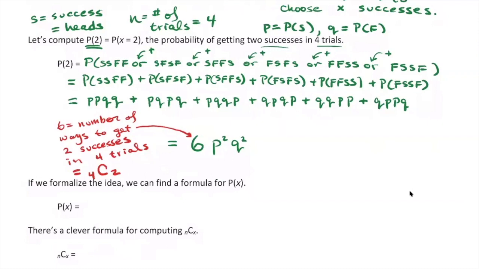Okay, now the little p here is the probability of a success. Okay, the 2 here, we're raising it to the 2nd power because there are 2 successes. So x is the number of successes. X is 2, the number of successes.